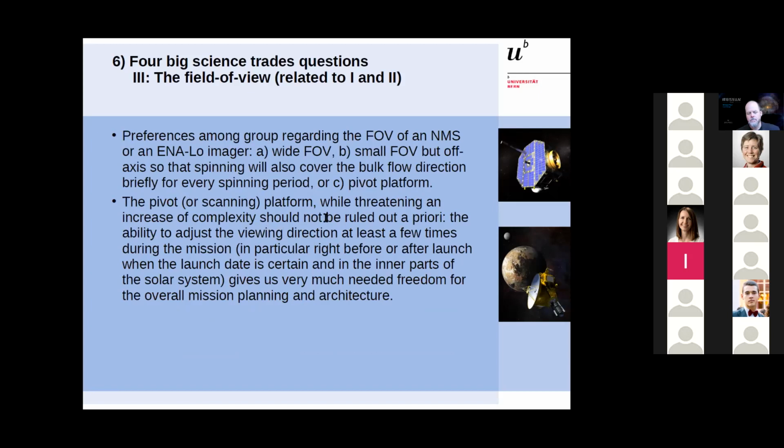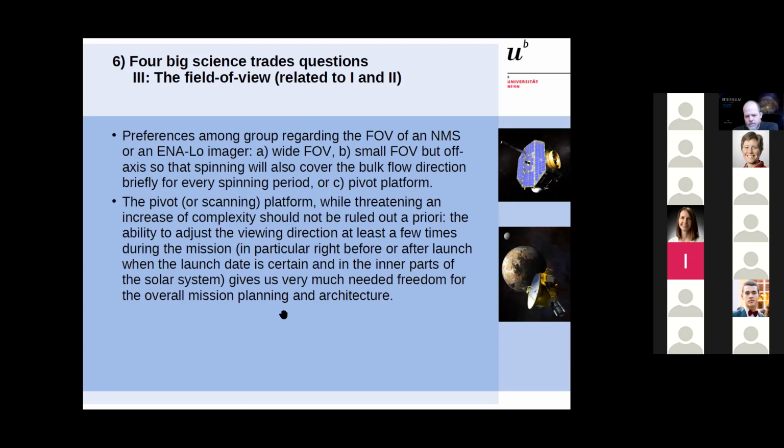Of course, it adds complexity, but we think it should remain in the trade space for now, because it would add flexibility in terms of trajectory and launch date and where we need to be pointed during the mission. So it would add, I would say, freedom, but also complexity.